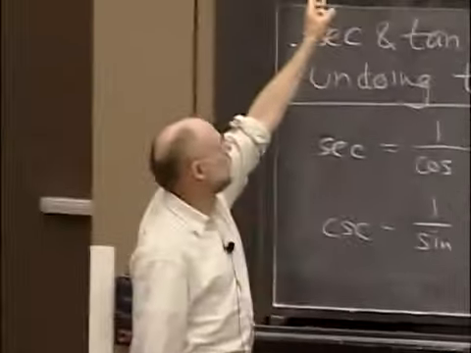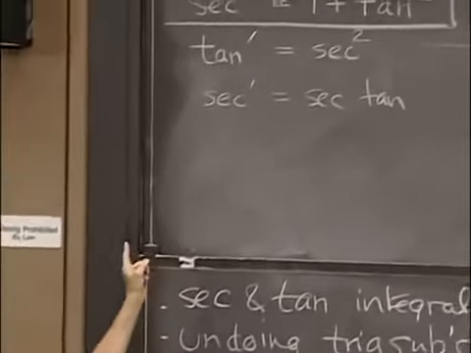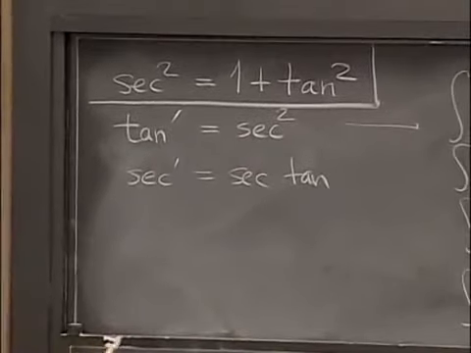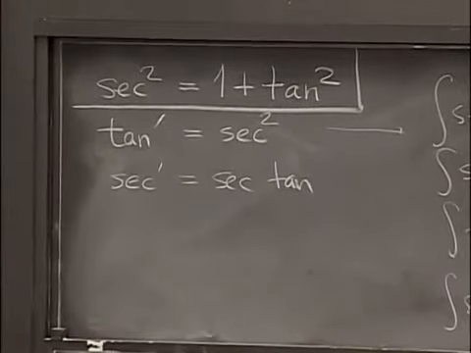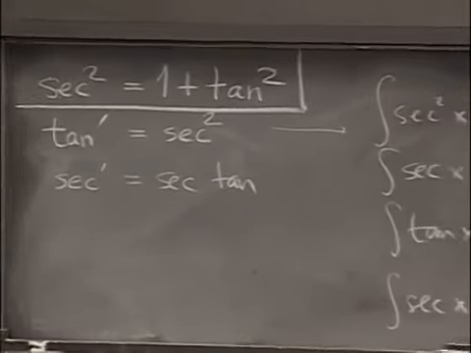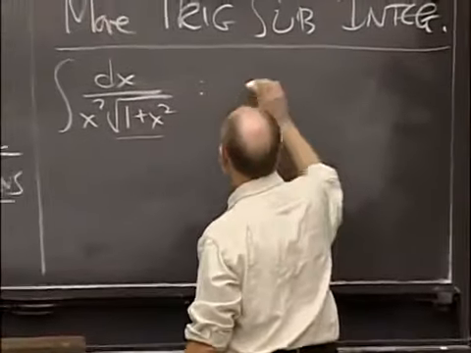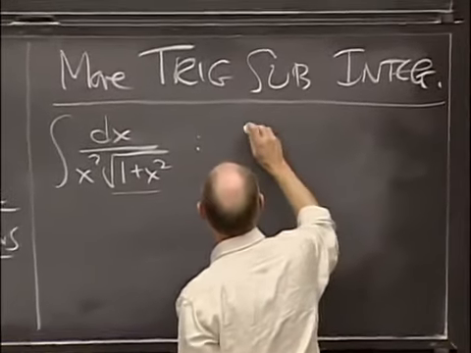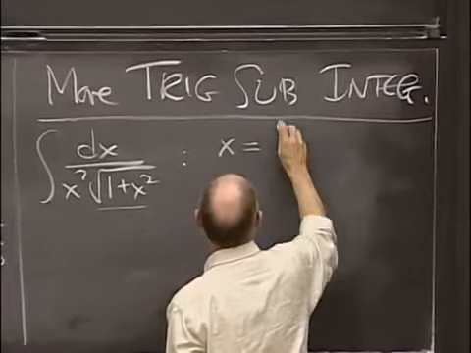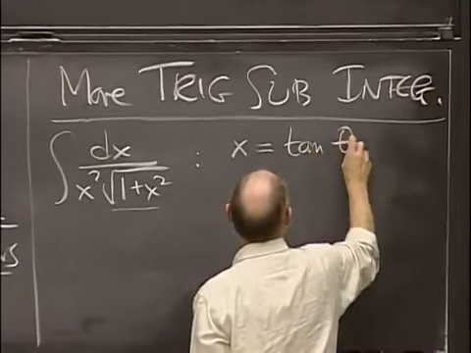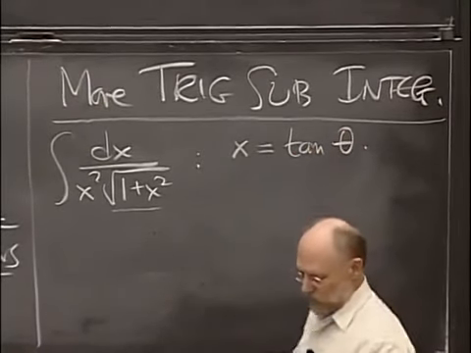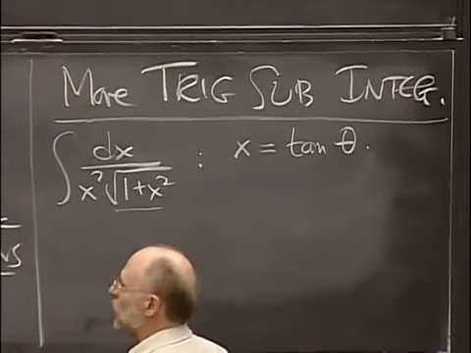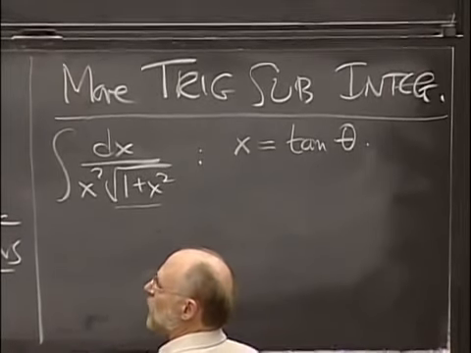So there is an example of a way to write 1 plus something squared in a different way, and it's right up there. Secant squared is 1 plus tangent squared. So I want to use that idea. And when I see this form, that suggests that we make a trig substitution and write x as the tangent of some new variable, which you might as well call theta, because it's like an angle.